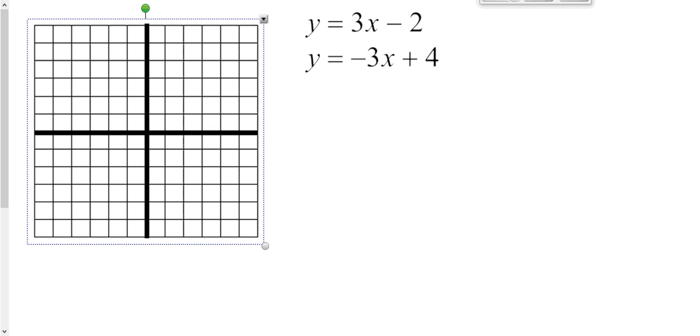So to start off with graphing, what we want to look for are y equals equations. If they're in y equals equations, they're easier to graph, and we can get a solution hopefully better.